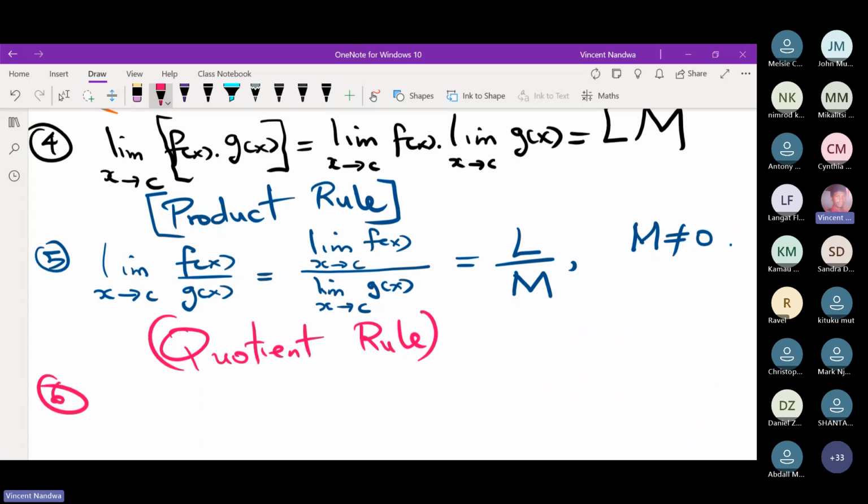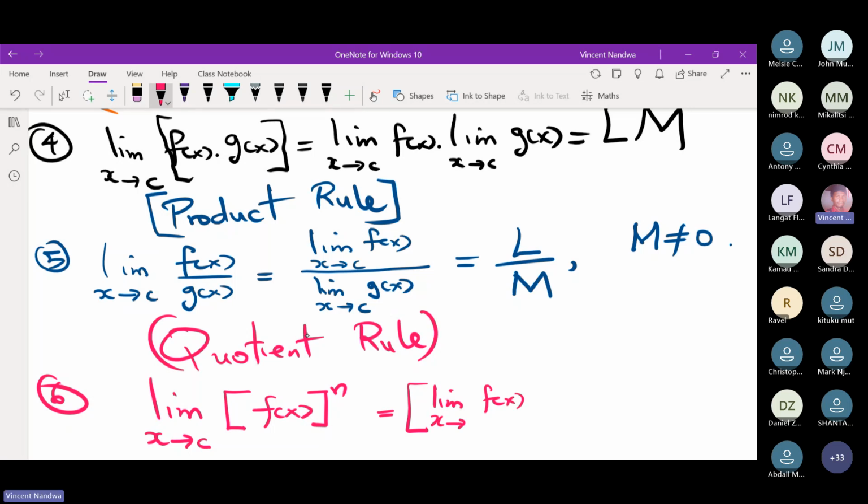Then second last, the limit as x approaches c of f of x raised to the power n is the same as the limit of f of x as x approaches c, to the power n, which is L to the power n.